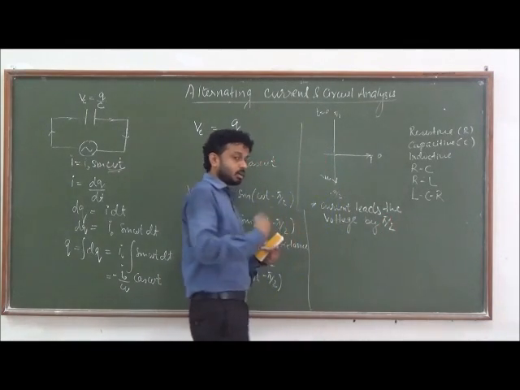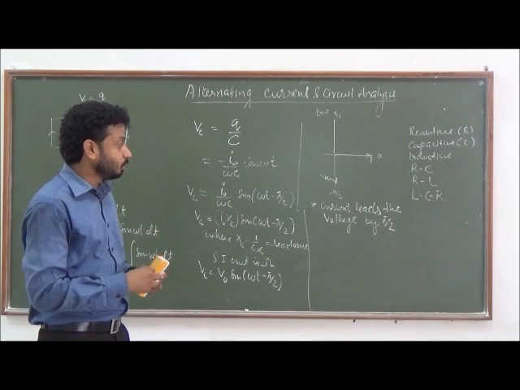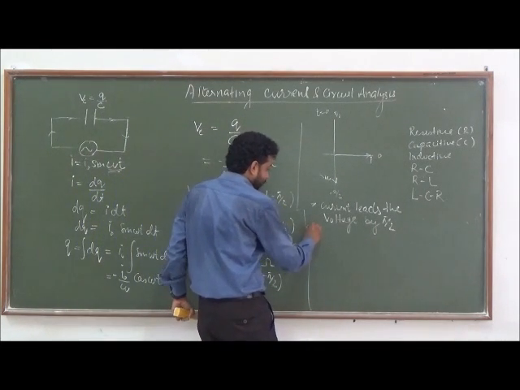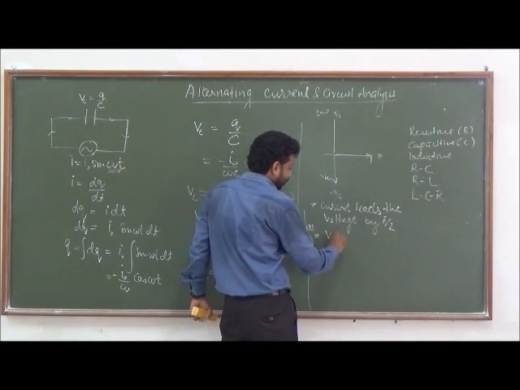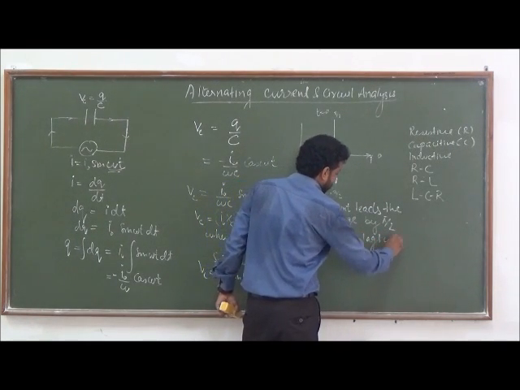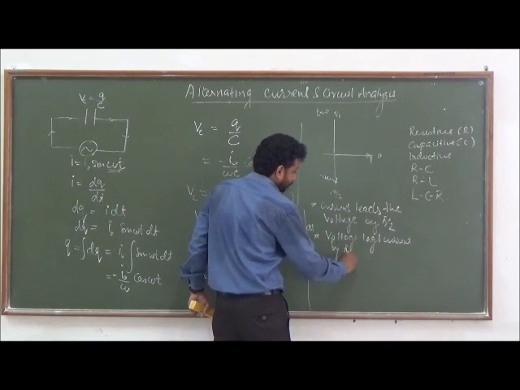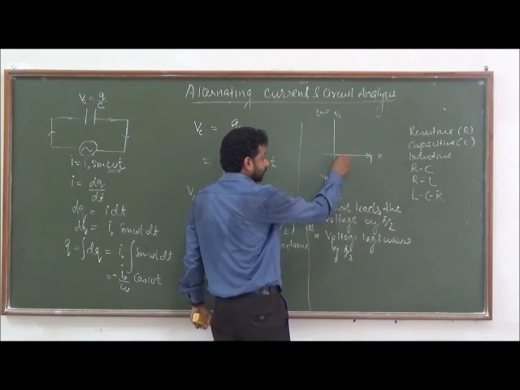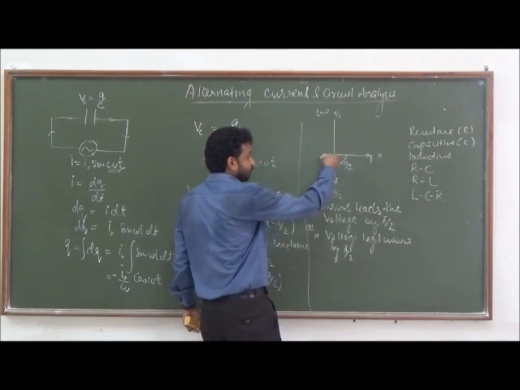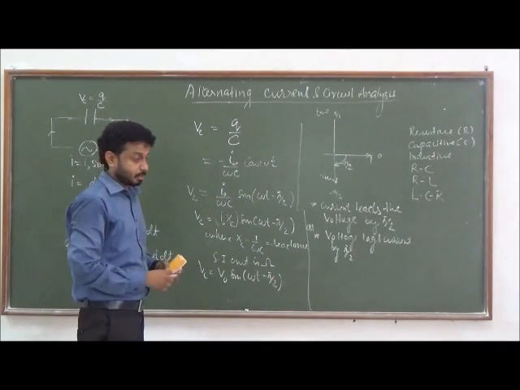Or you can make the same statement with the word lagging: voltage lags current by pi by 2. This pi by 2 is this one as minus pi by 2, because the angle is clockwise, so it will be taken as negative.